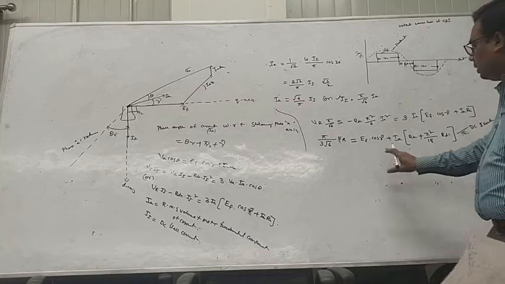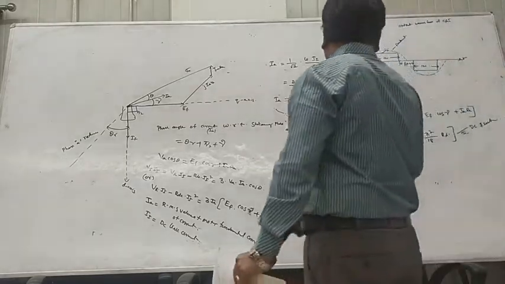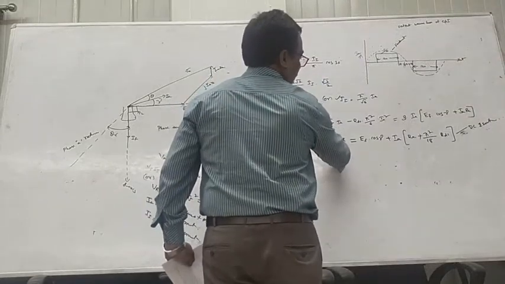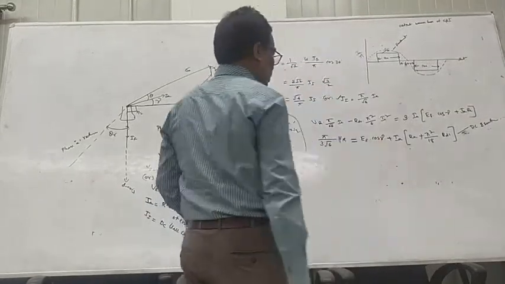Now the steady state equivalent circuit. How are we representing this? This is a voltage source, and this is also a voltage source.